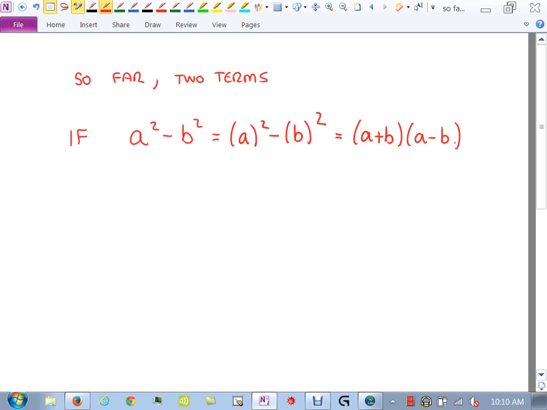And this is called difference of squares. Something squared minus, which is where the word difference comes from. If you have the difference of two squares, then that's the breakdown of it.